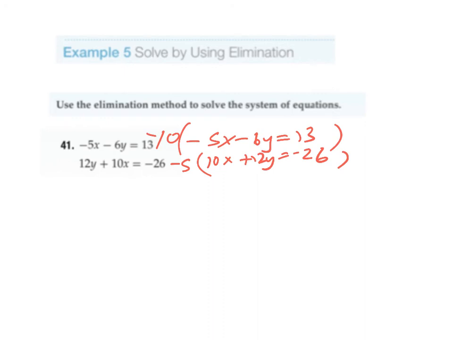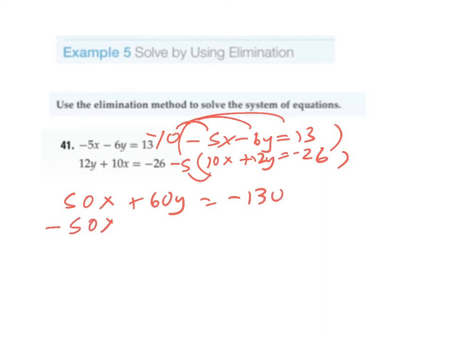So when I multiply, I'm going to get a 50x, and a 60y, and a negative 130. I multiply the bottom, I'm going to get a negative 50x, and 5 times 12 would be a negative 60y, and negative 5 times 26 would be 130, and it happens to be positive.